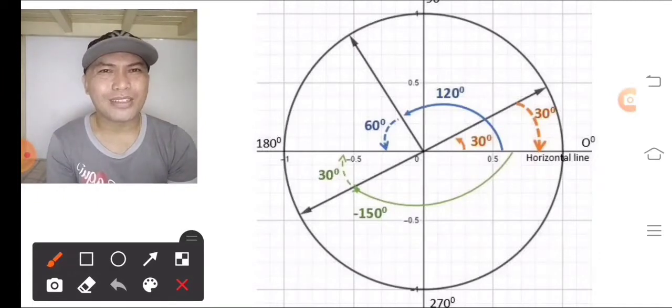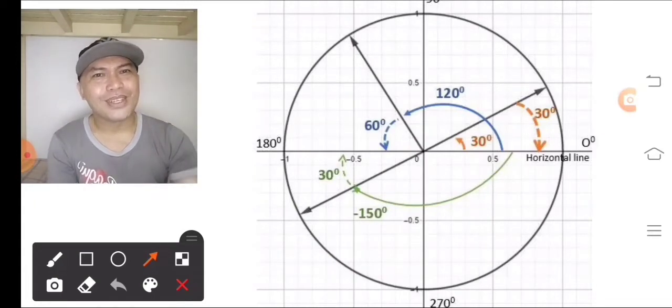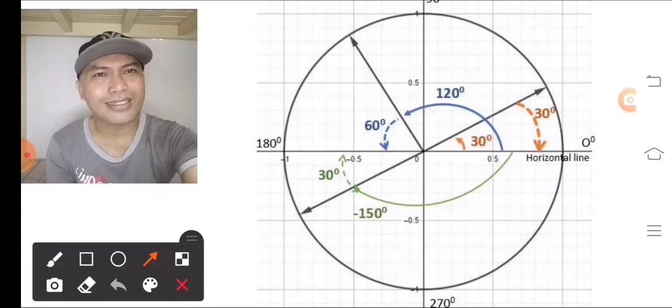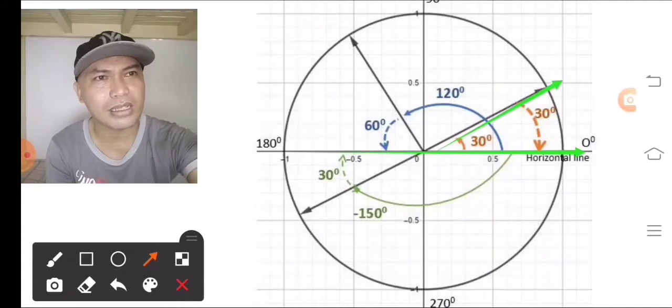How to solve or identify the reference angle? Let us take some example first. Let's say we have 30 degrees. What is the reference angle? By definition, we know that a reference angle is the positive acute angle between the x-axis and the terminal side.